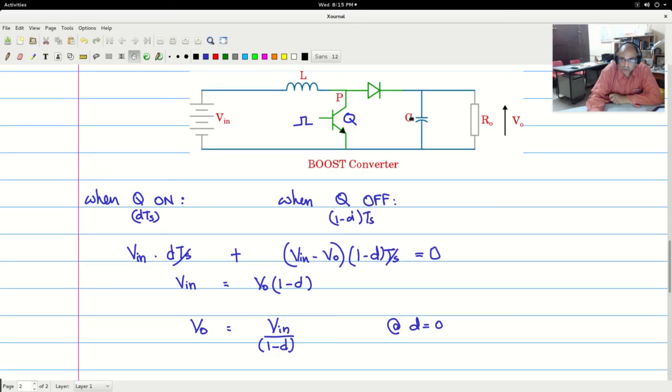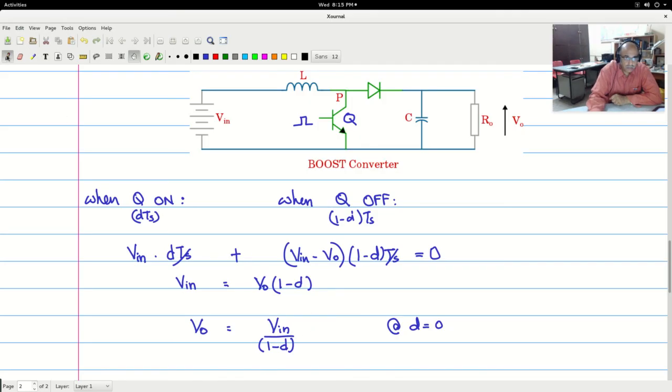The diode is off and the capacitor is decoupled from the circuit, and it will eventually discharge to 0. So you should never go to d is equal to 1, but d closer to 1, approaching 1. That is when the circuit will operate, because the switches will have to switch for the circuit to operate.